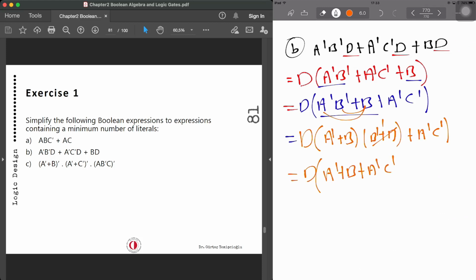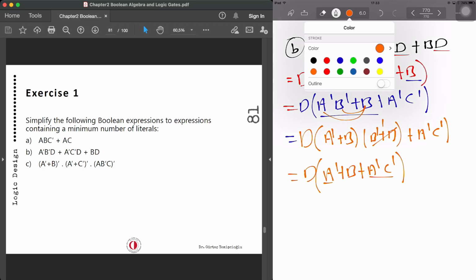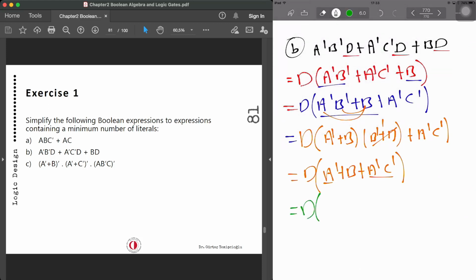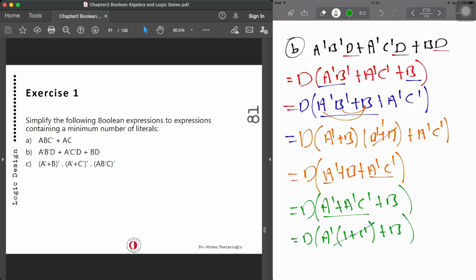Okay, so we have got a new expression, and as A prime is over here, I can again rearrange it. So A prime plus A prime C prime plus B. And in this one, A prime is common. It can be taken out. 1 plus C prime is there plus B. So that's gone. And we have ended up with D outside, A prime plus B. And that will be the simplest version of it.